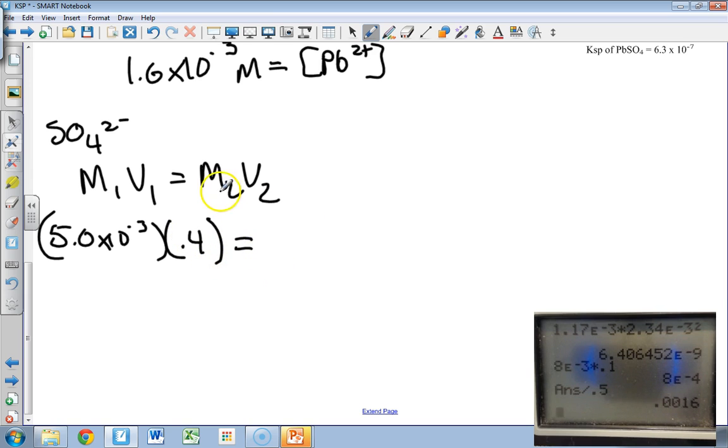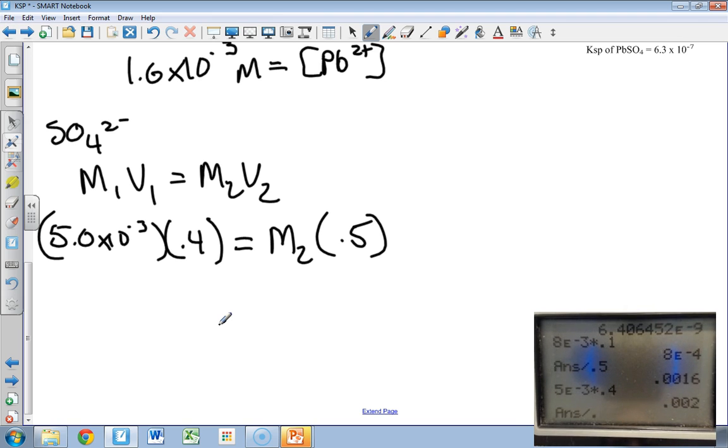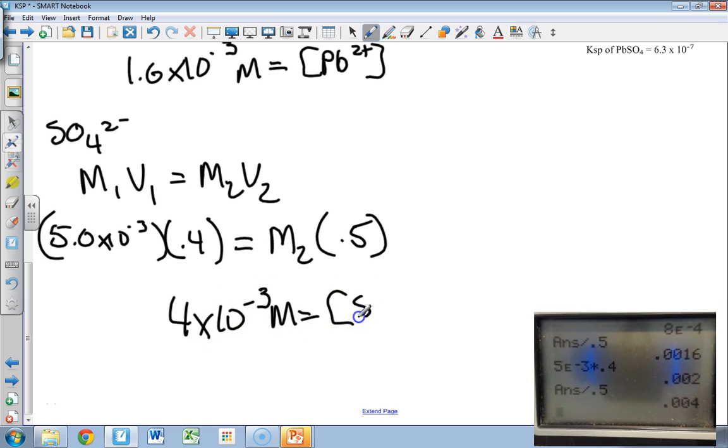And that equals your new molarity, M2, times the new volume, 0.5. So 5 times 10 to the minus 3 times 0.4 divided by 0.5, right? And that's going to equal 4 times 10 to the minus 3 molar, the concentration of SO4 2 minus.